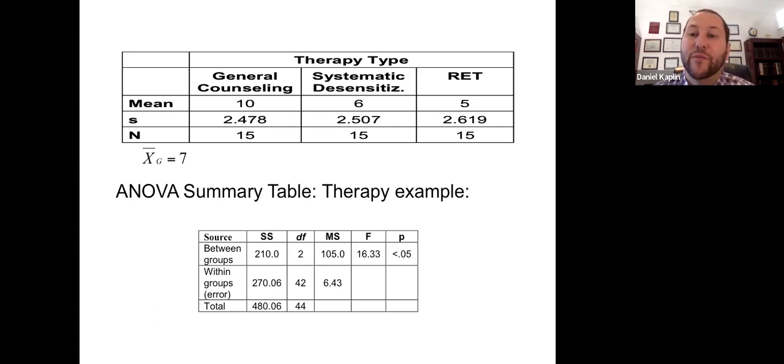So let's see, if we were to run this calculation, we could actually come up with this summary table. And in this particular case, our F value is 16.33. Now I'm going to go into the back of the book to see what the critical value would have been.